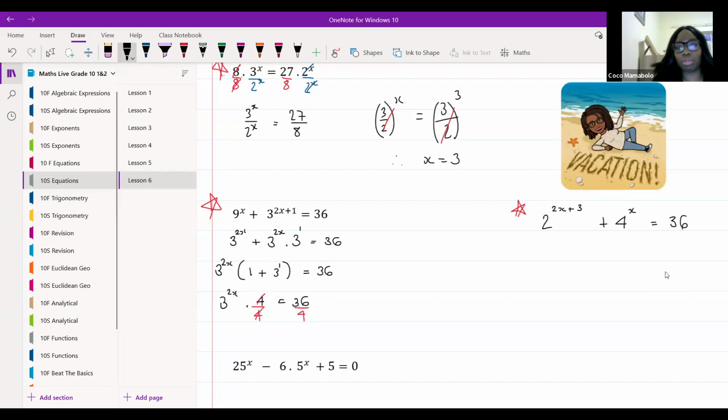So this is going to give me 3 to the power of 2x is equal to 36 divided by 4, which gives me 9. That means that 3 to the power of 2x is equal to 3 squared. Then I can drop my bases. Therefore, 2x is equal to 2, and that means that x is equal to 1.